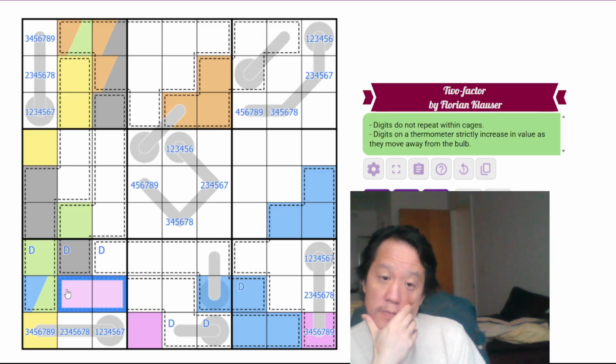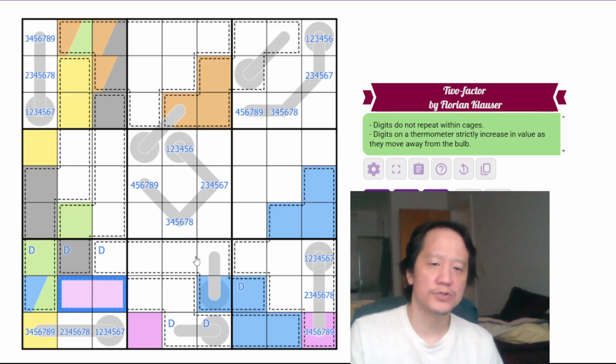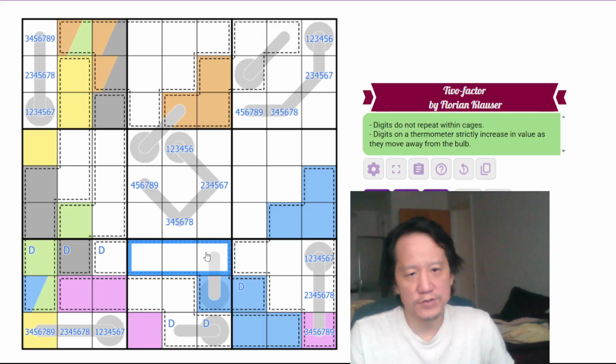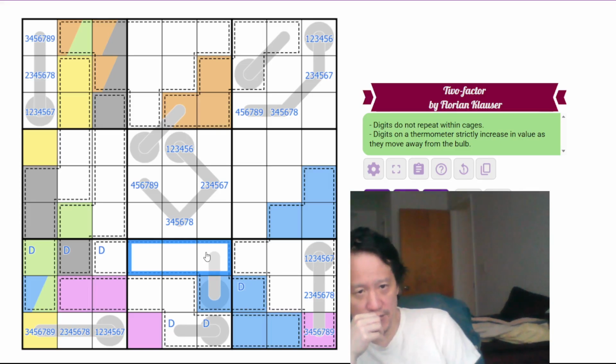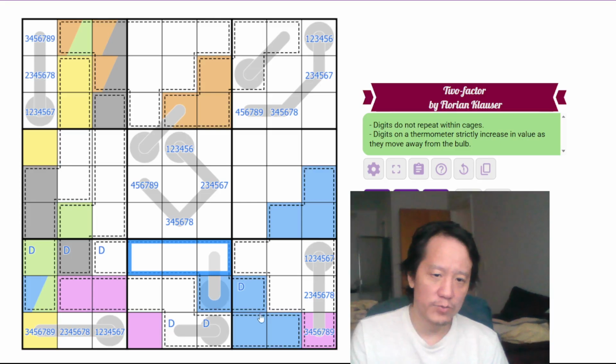Pink also, the other pink has to be one of these 3. That's interesting. And the other blue obviously has to be one of those 3 also.